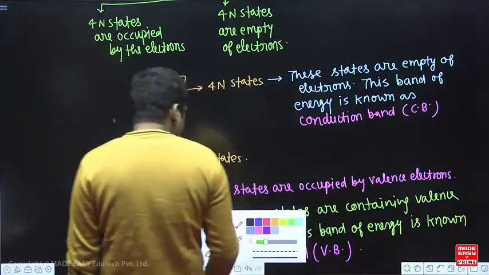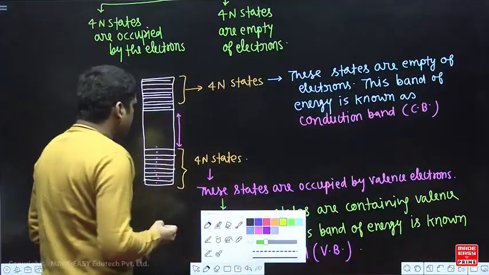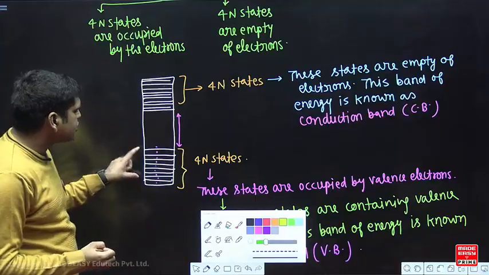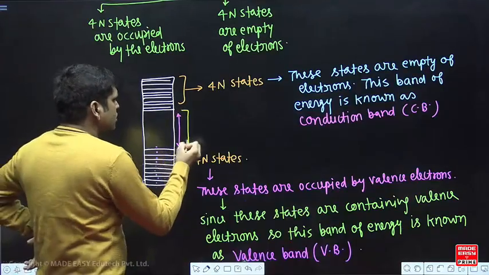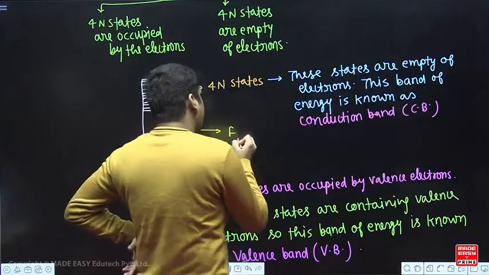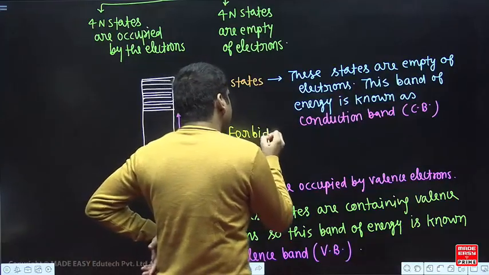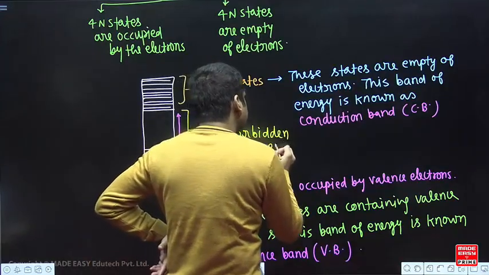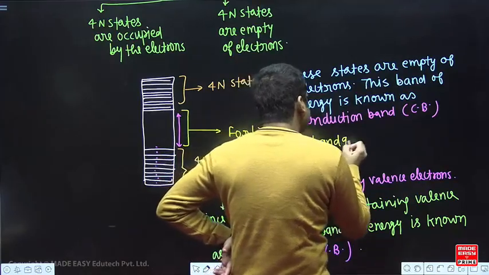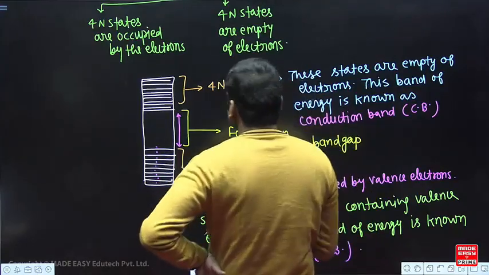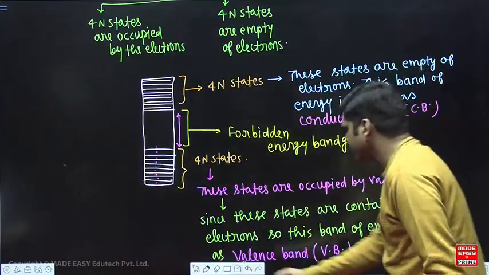The difference between these two energy ranges: an electron is allowed to stay either in this band or in this band. It cannot stay in this range. So this is known as the forbidden energy band gap.